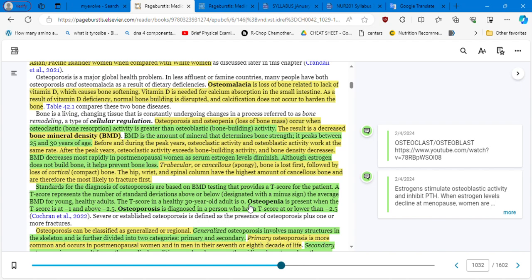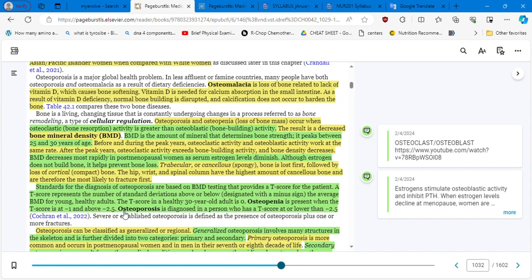So 0 is healthy. Osteopenia is present when the T-score is -1 and above -2.5. So 0 is going to be in the middle. On the right side, you have +1, +2, +3, and on the left side, you have -1, -2, -3.